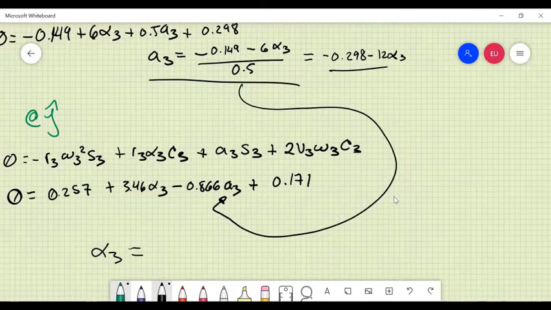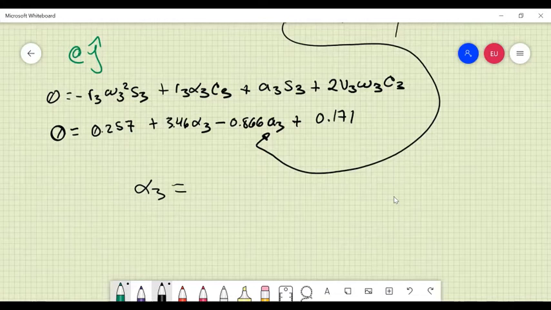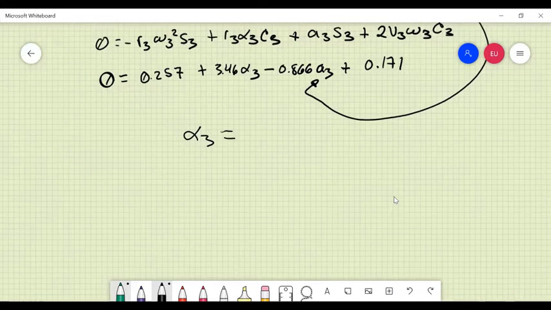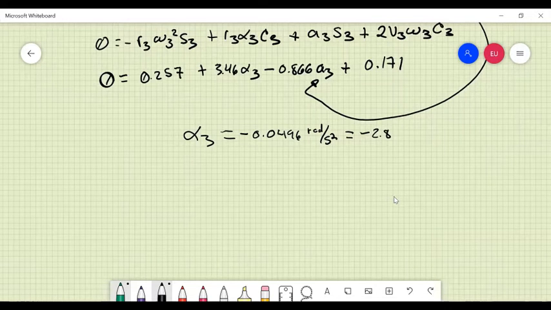Substitute that one. When you substitute that and work out the math, you'll have minus 0.0496 radians over second squared. We are talking about acceleration now, which if you transform into degrees per second squared, you'll have minus 2.841 degrees per second squared.